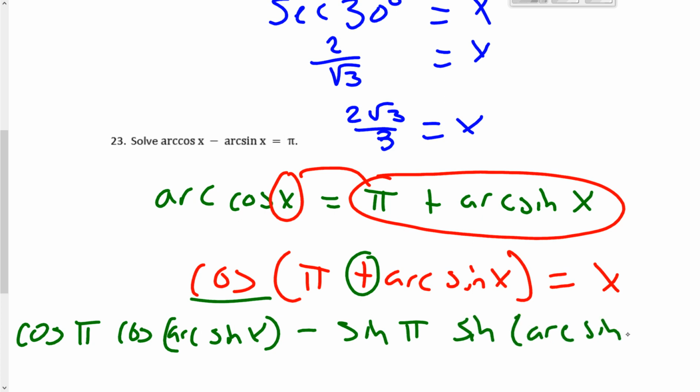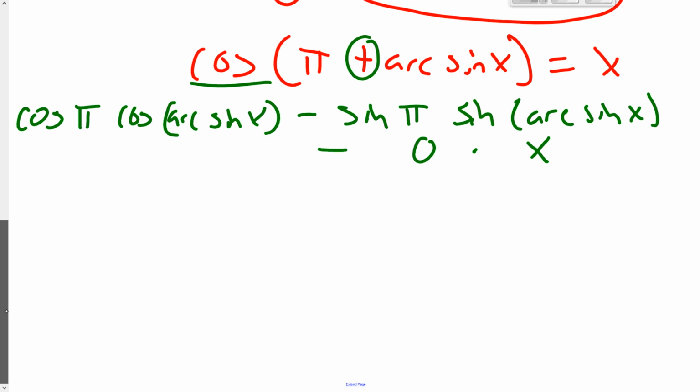So this is just x, but sine of pi is 0, so 0 times x is just 0 there. Really all I need is the left side here. Cosine of pi is negative 1 times cosine of arc sine of x. And cosine of arc sine of x, you can do this in a triangle.